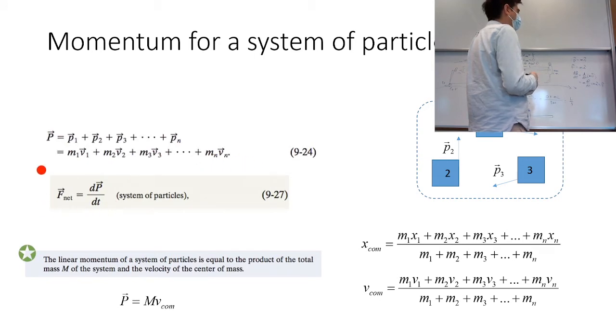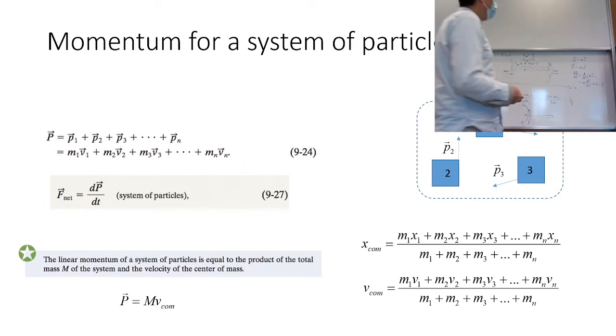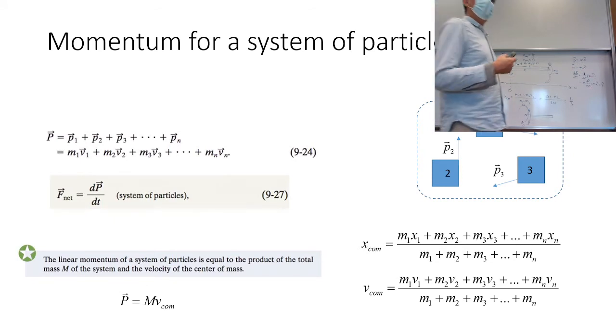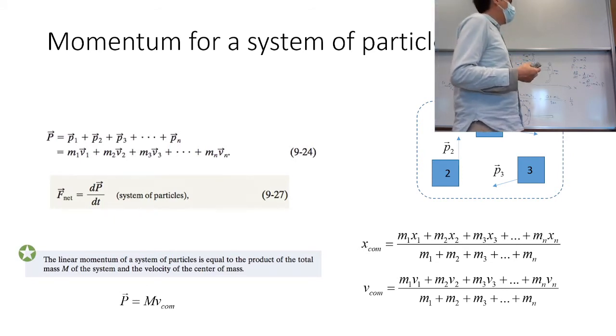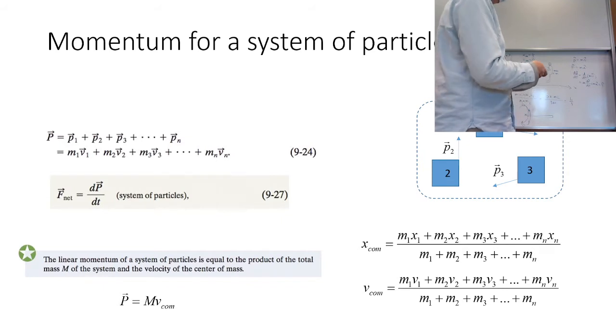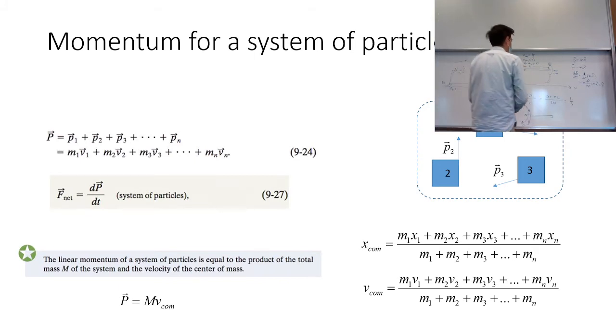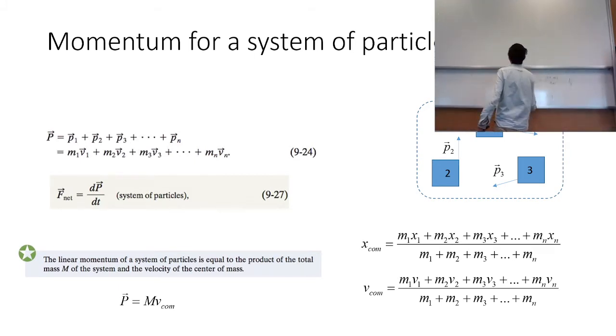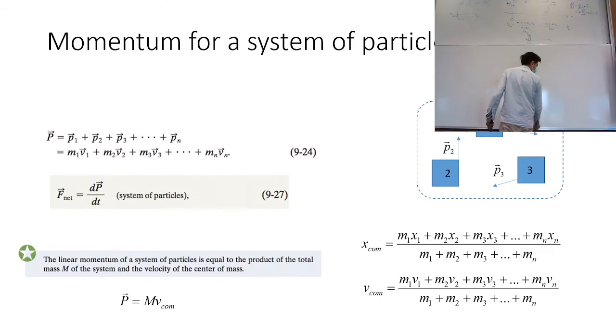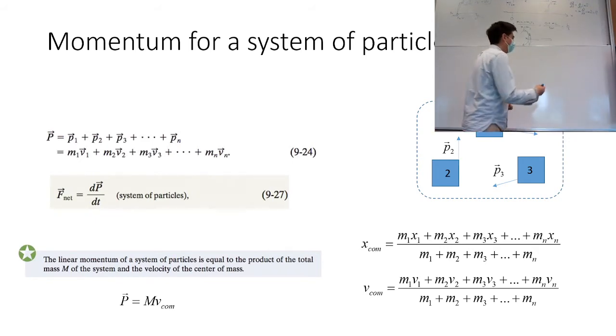And just like we did when we related it to the force here, we can relate the total momentum to the total force on the system like this. And just to see how it works, let's calculate what this is.